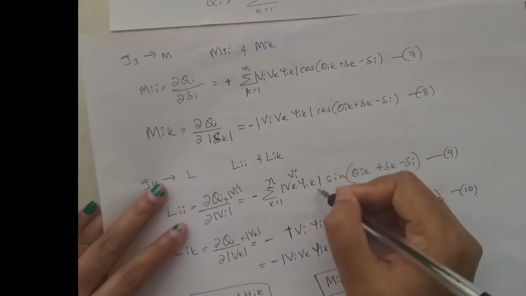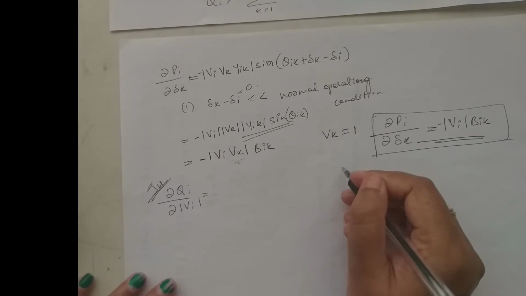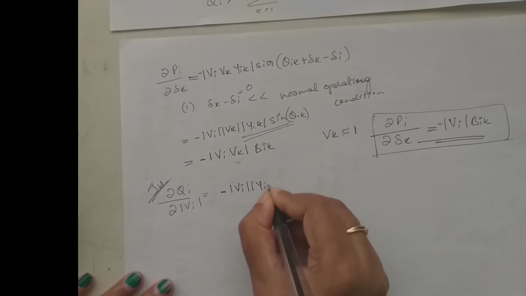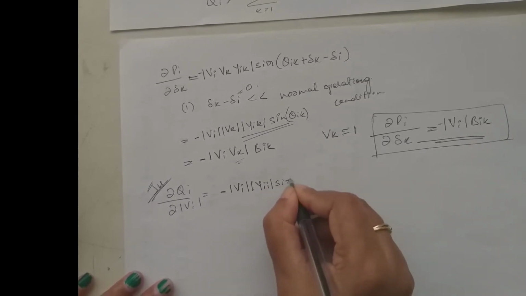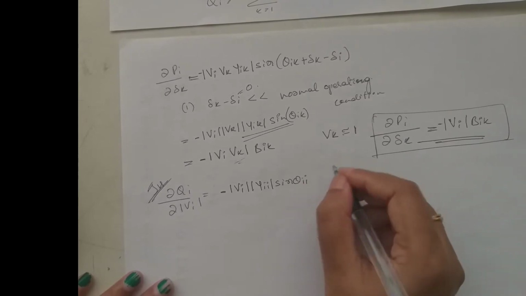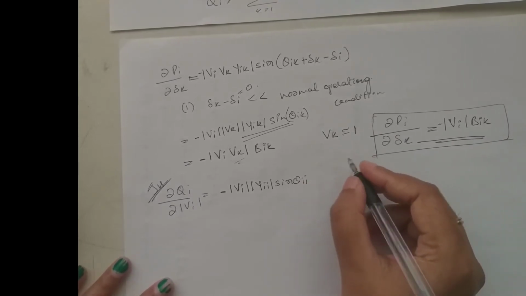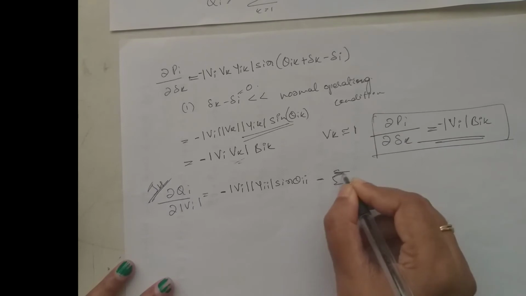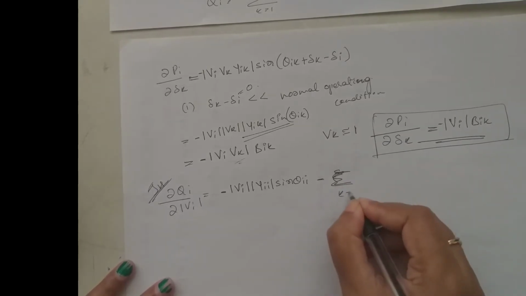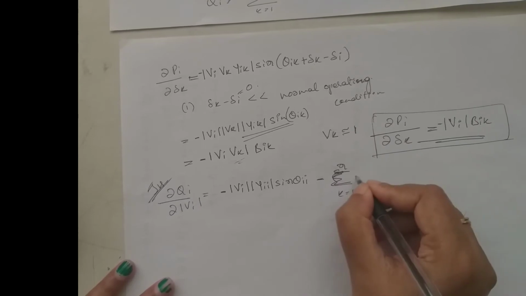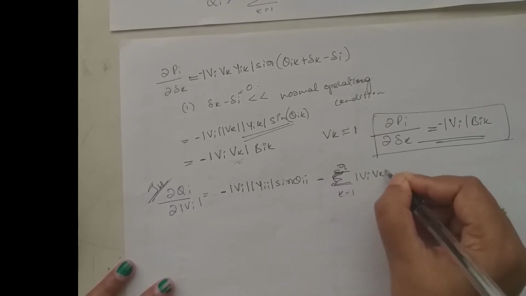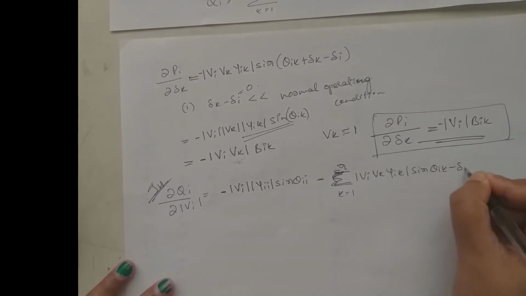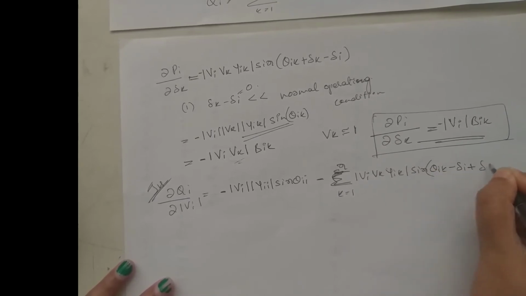So when we take the ith term outside, we get minus Vi Yii sin theta ii minus summation, k varies from 1 to n, Vi Vk Yik sin of theta ik minus delta I plus delta k.